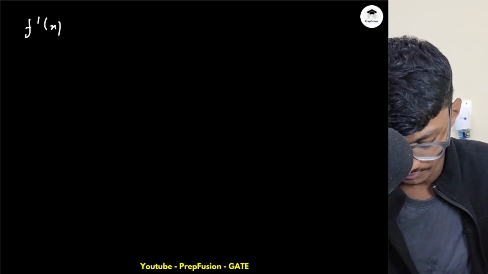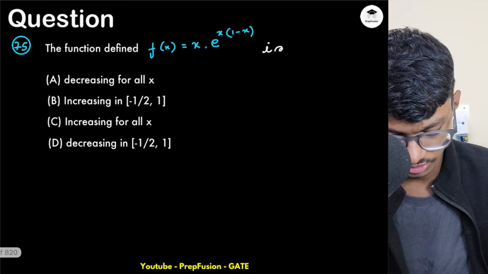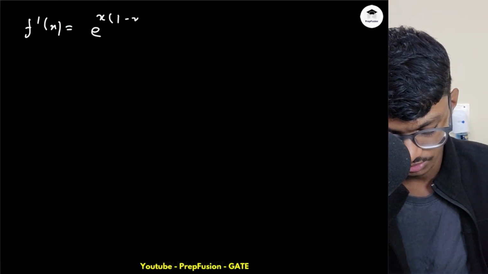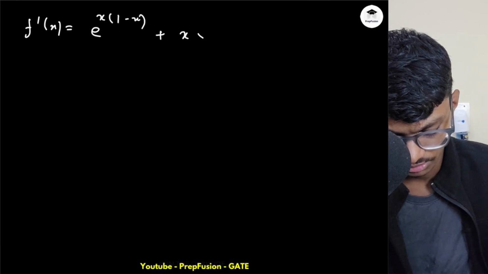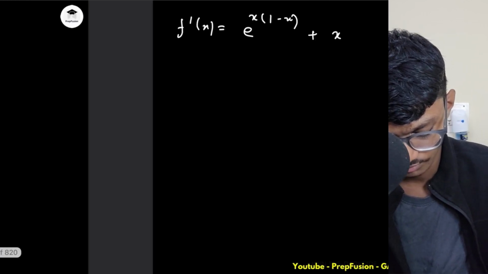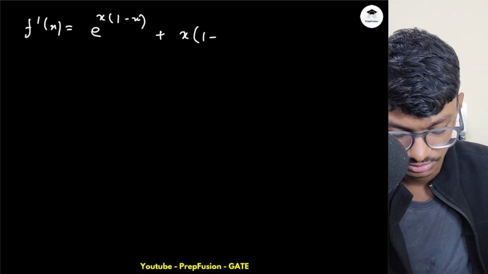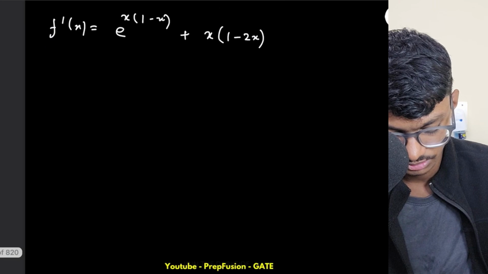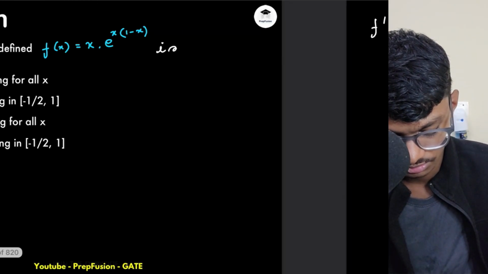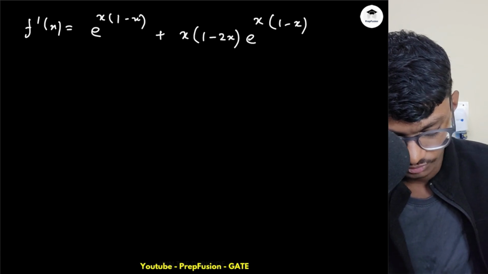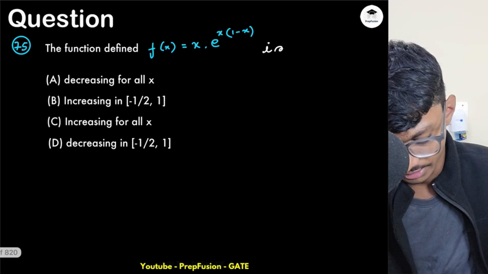So my f dash of x will be simply, chain rule I will apply, e raised to power x into 1 minus x plus x into, if I differentiate, this is x minus x square, which is 1 minus 2x, and this is e raised to power x into 1 minus x.